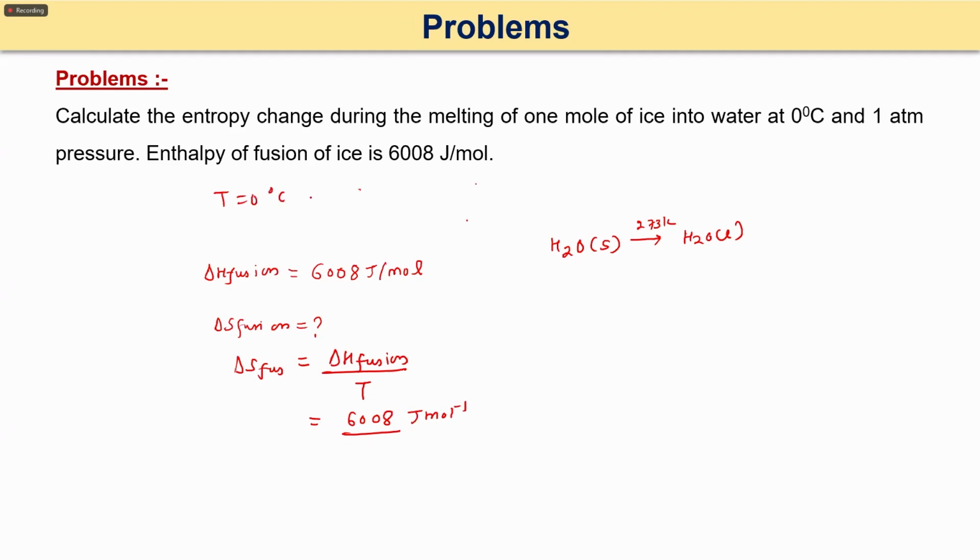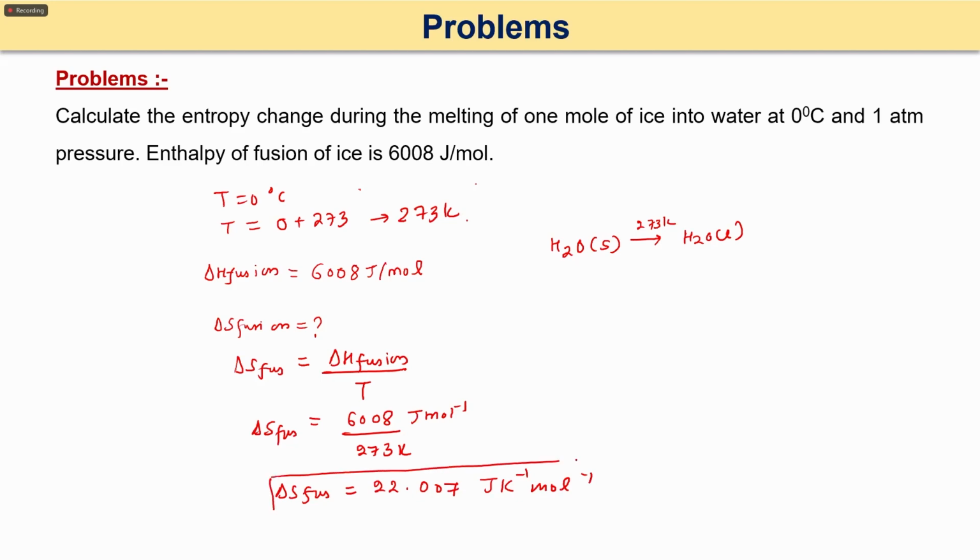If you convert, it will become 0 plus 273, that is 273 Kelvin. So if you solve this, your delta S fusion will be 22.007 joule per Kelvin per mole. So this will be the value of your entropy change during the reaction.